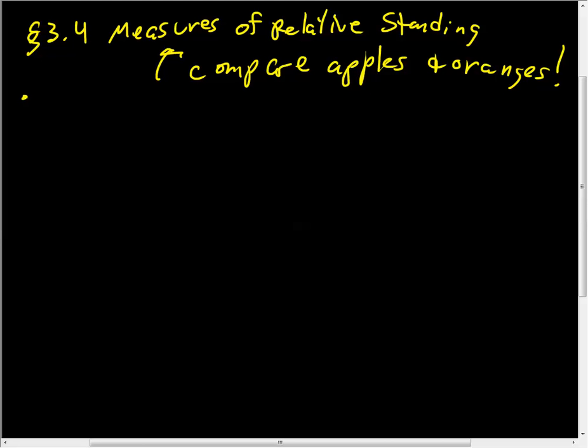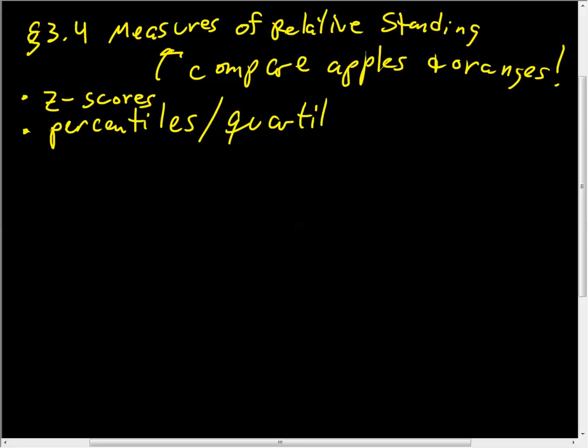Basically, in this section, let me put the objectives for the section first. It's kind of an ambitious section. First topic we're going to talk about is z-scores, then percentiles and quartiles. Percentiles, I think everyone's heard of. Quartiles, maybe some.